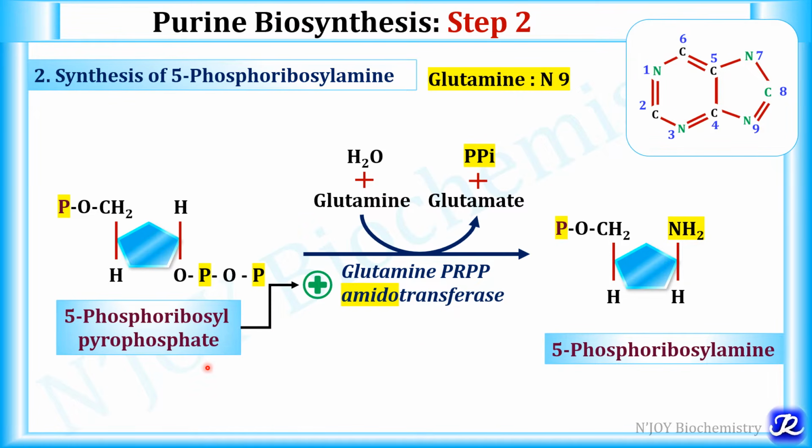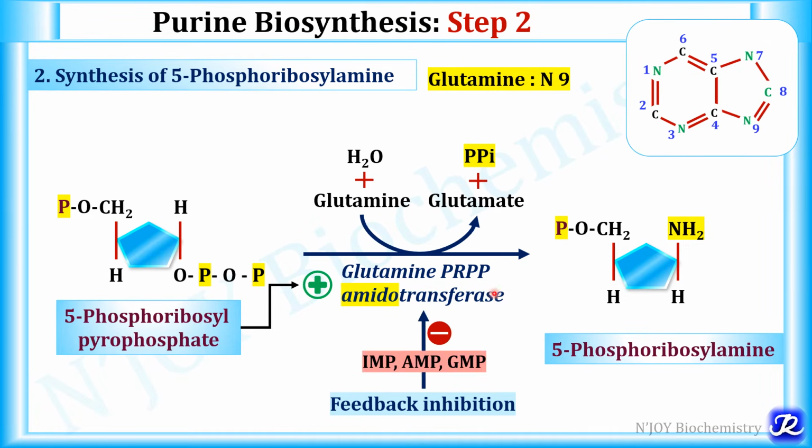Regarding availability of substrate, here the substrate is PRPP. If PRPP is increased, it will activate this enzyme glutamine PRPP amidotransferase and there is formation of phosphoribosylamine. This enzyme is inhibited by feedback inhibition by its products like IMP, AMP and GMP.